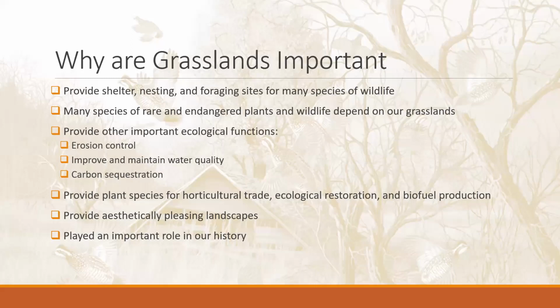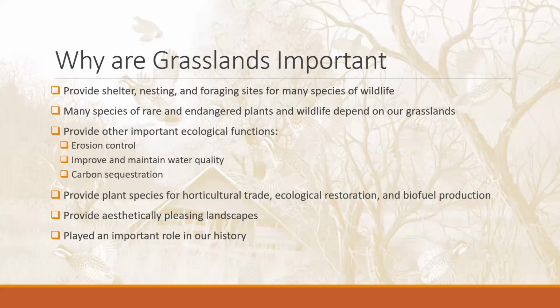So now that we've discussed kind of what grasslands are, let's take a look at why grasslands are important. Besides providing habitat for wildlife, which we'll discuss in more detail shortly, grasslands do provide many other ecological functions. They provide erosion control, they improve and maintain our water quality, and they greatly aid in carbon sequestration.